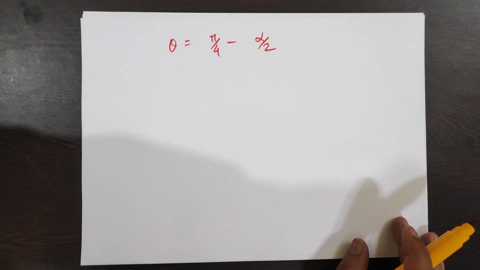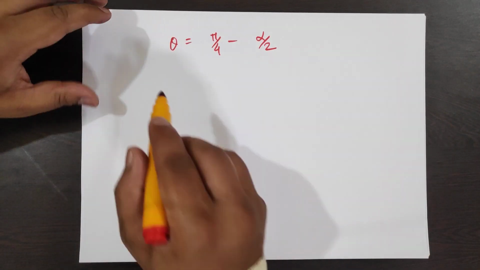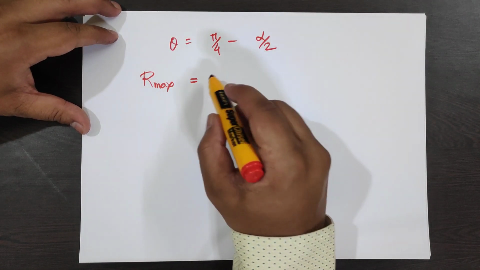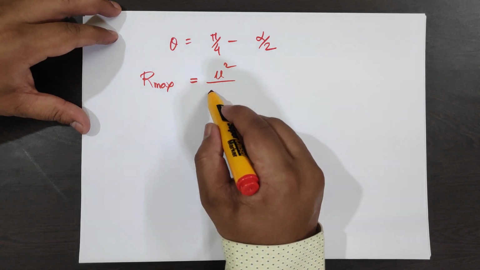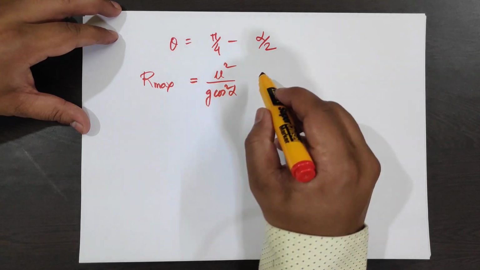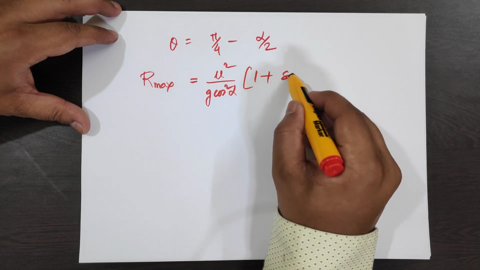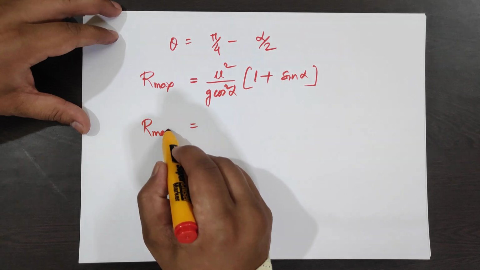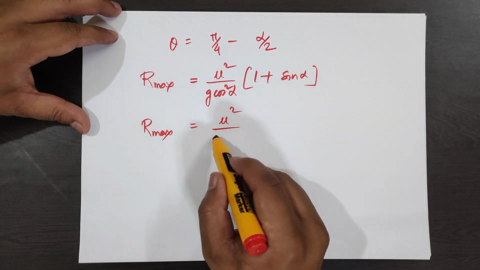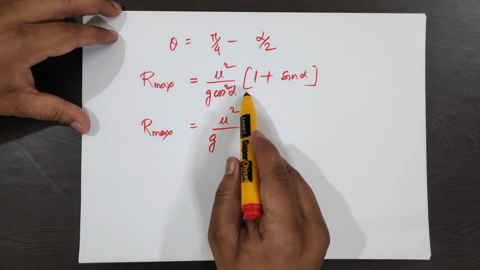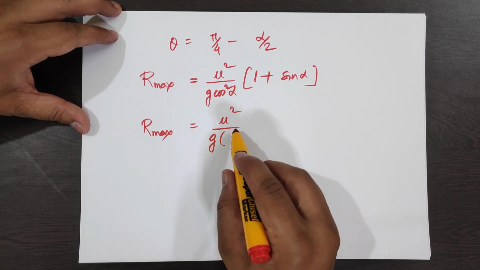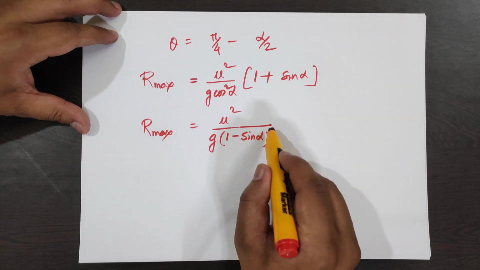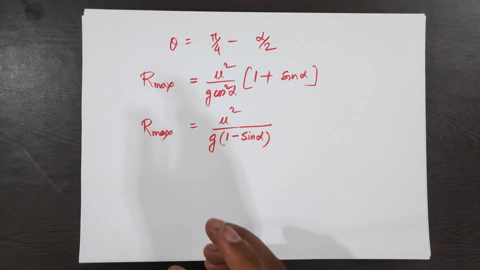Now what about the maximum range? Let's put it in the formula, u squared by g cos squared alpha, times (1 plus sin alpha) here, so obviously the maximum range is u squared by g times (1 plus sin alpha) over (1 minus sin alpha)... this will cancel, and here you get u squared by g times (1 plus sin alpha).